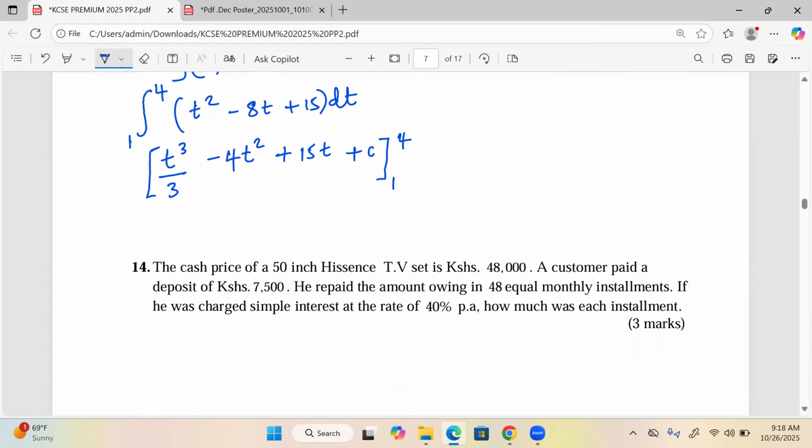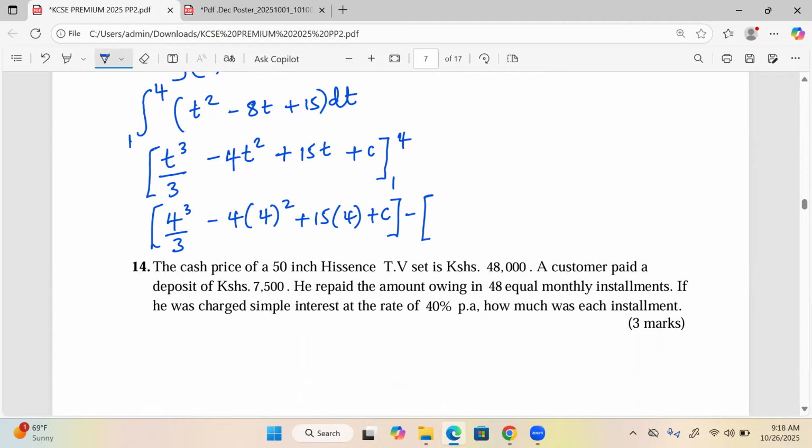So we substitute 4 where there is t: 4 cubed over 3, minus 4 into 4 squared, plus 15 into 4, plus c. Then we subtract, when we substitute 1: 1 cubed over 3, minus 4 into 1 squared, plus 15 into 1, plus c.